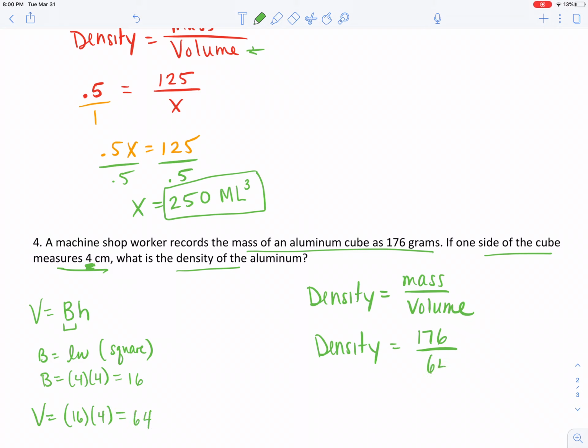So I get 176 divided by 64, so there's just that extra step of getting the volume before we could find that the density is equal to 2.75. And here the mass is given in grams. The units are centimeters for the dimension of the cube, so it's per cubic centimeter or centimeter cube.